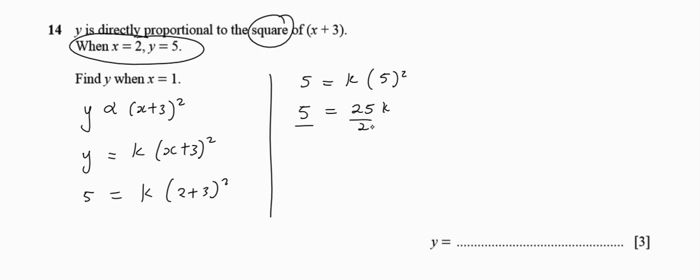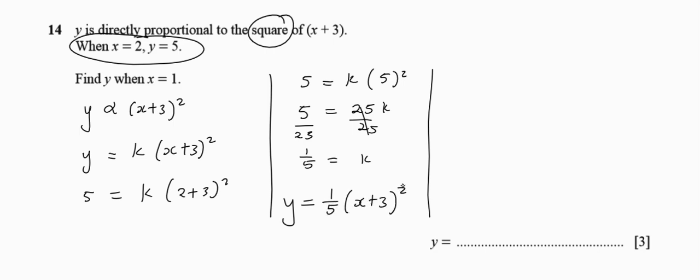Divide by 25 on both sides, so k is equal to 1 over 5. Then we can now write down the formula, or the relationship, connecting y and x. That means y is equal to 1 over 5 times (x plus 3) squared.